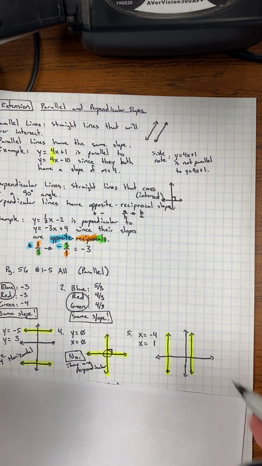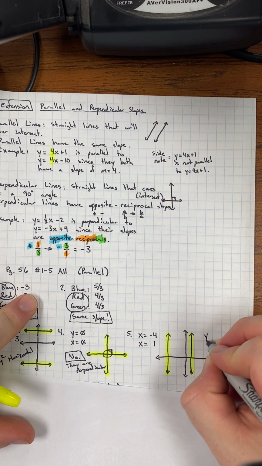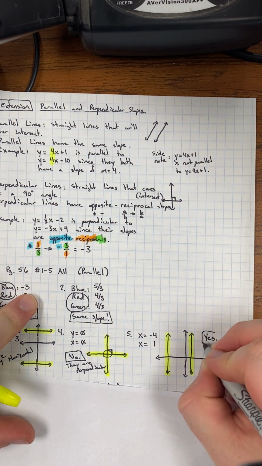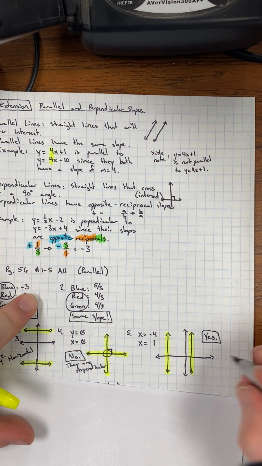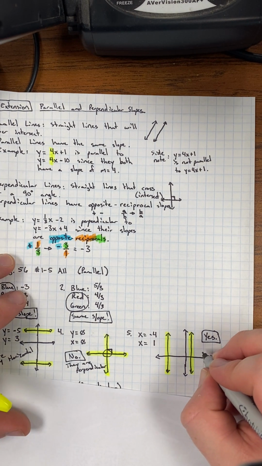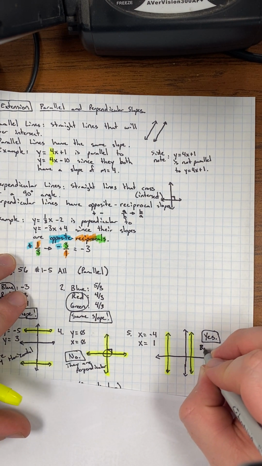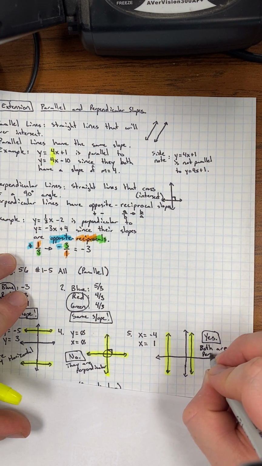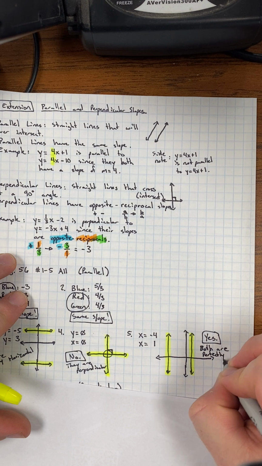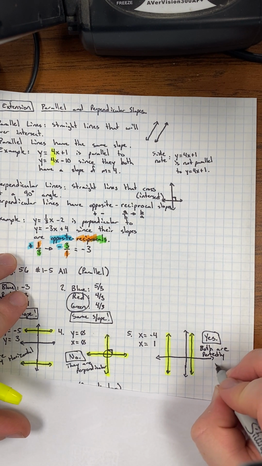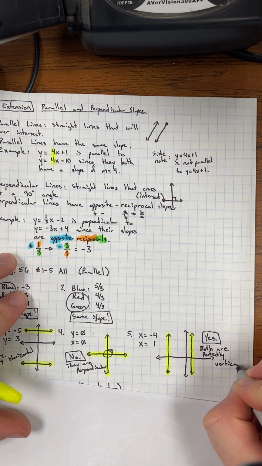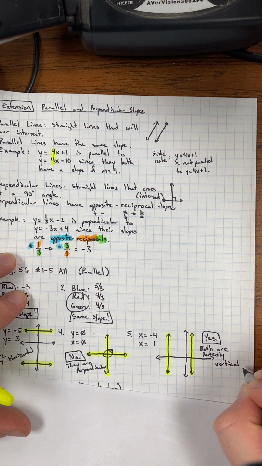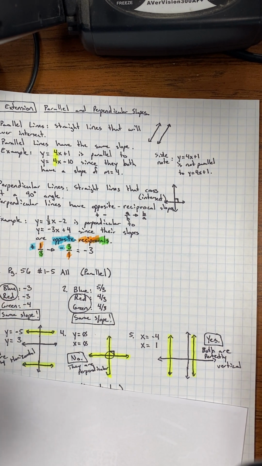And you can even visually see that the answer is yes, these are parallel because they'll never intersect. And the reasoning why is because both are, if you're paying attention, you should realize what you're going to write here. Not horizontal, but vertical. Okay? So both are perfectly vertical. All right.